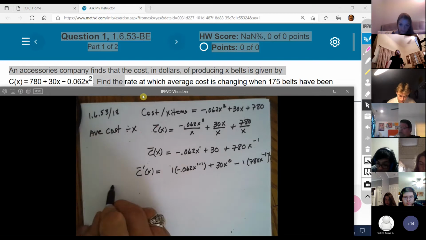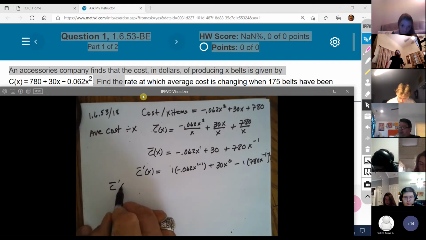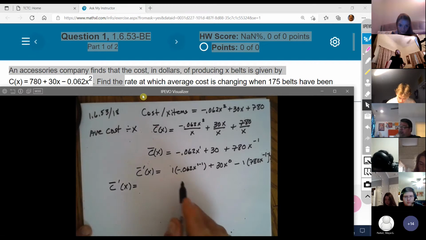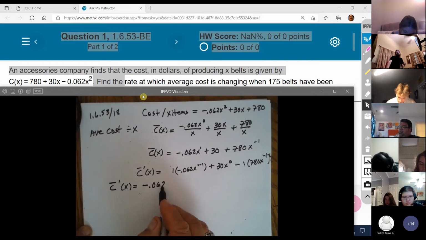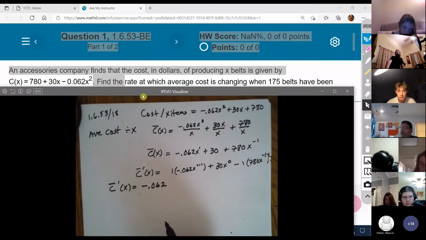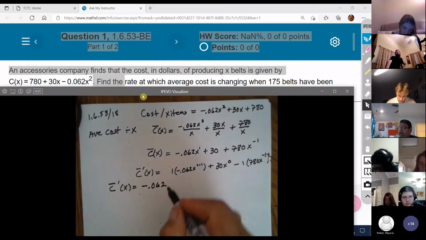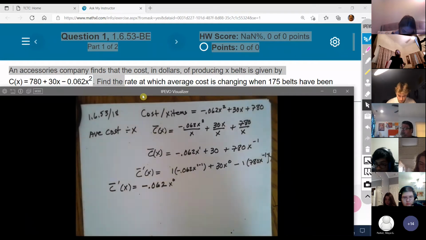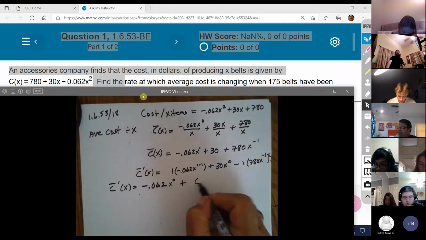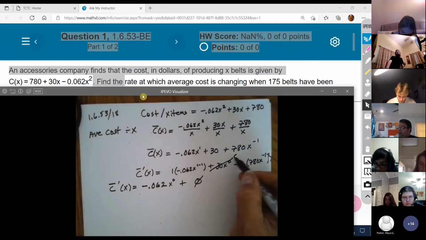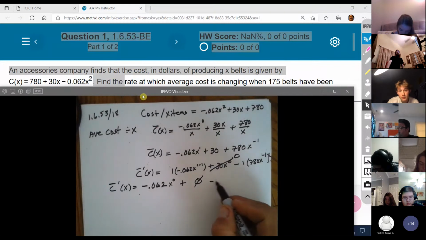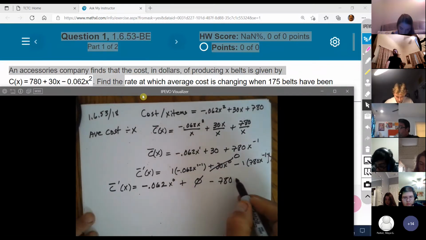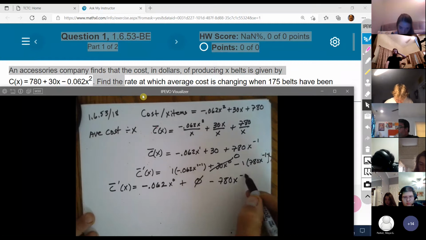And that's going to give me c prime of x is equal to negative 0.062. x to the 0 is 1. I'll go ahead and put x to the 0. That's 1. Plus 0. That goes out to 0. Minus 780x to the negative 2.